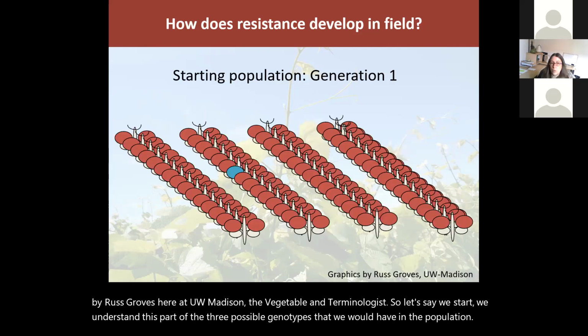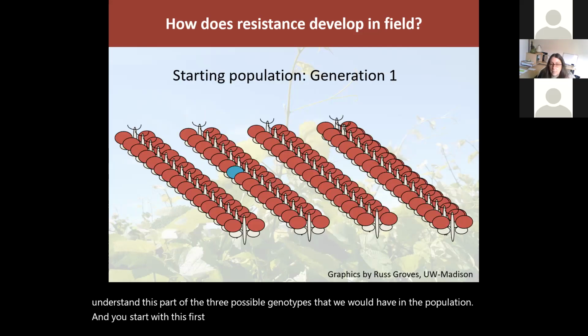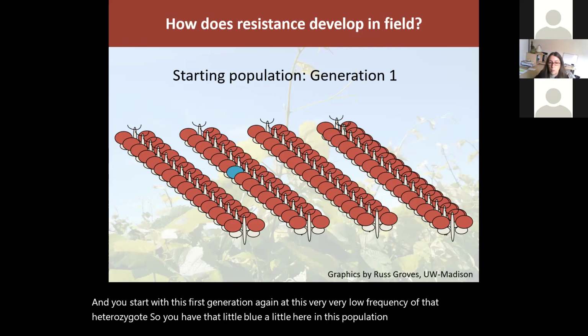And you start with this first generation, again, at this very, very low frequency of that heterozygote. So you have that little blue allele here in this population of fully susceptible population outside of that.